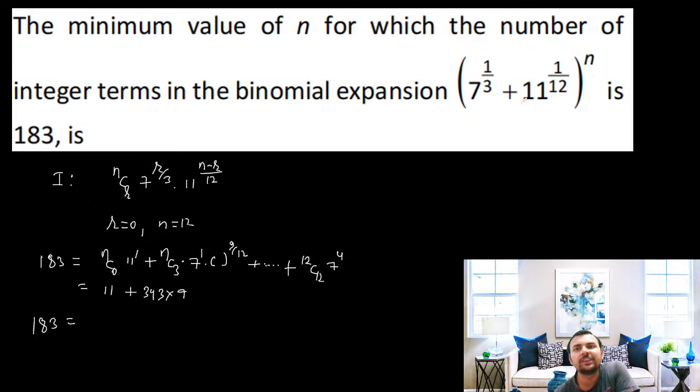The multiple of 3 and multiple of 12. If it is 12 only. Okay. And C12 lambda is 7 to the power 4 lambda 1 into 11 to the power (n by 12 minus lambda 1). So if we go by hit and trial, it will also work.